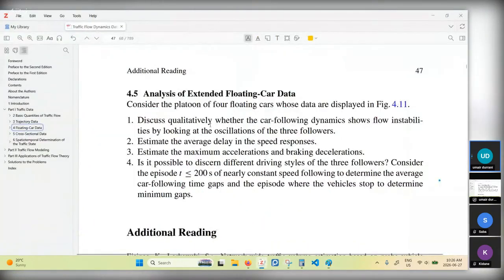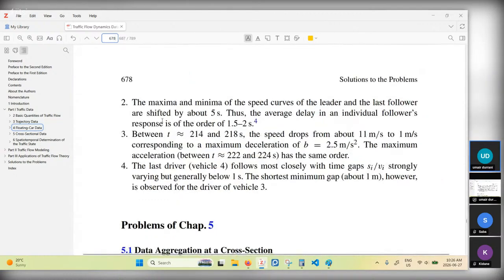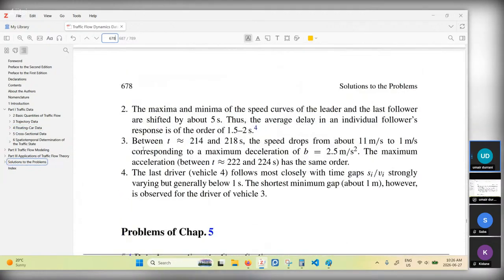So I would say acceleration is also the same magnitude as deceleration. Let's see what the answer says. This is number 3. So here it says between time 214 and 218 seconds, the speed drops from about 11 meters per second to 1 meter per second. Oh, I was correct. Corresponding to a maximum deceleration of 2.5 meters per second squared.